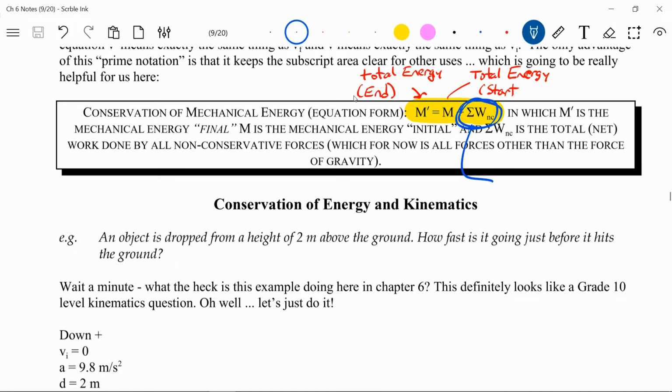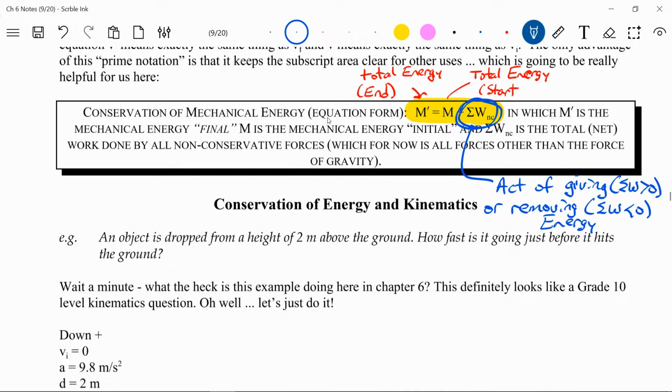But work, especially this non-conservative work, is also the act of giving energy if that net work is positive, or removing energy if the net work is negative. So you can think of work as two things at the same time: force through a distance, but also the act of giving or removing energy.